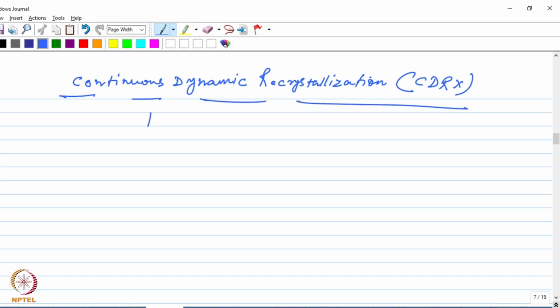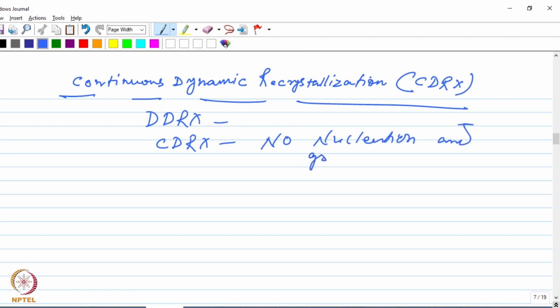Unlike the DDRX process, in the case of CDRX there is no predefined nucleation and growth stage. The strain-free grains rather form by a mechanism which leads to a progressive increase in the misorientation across the boundaries, which form due to dislocation rearrangement.